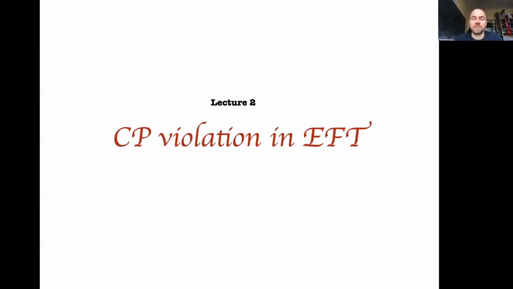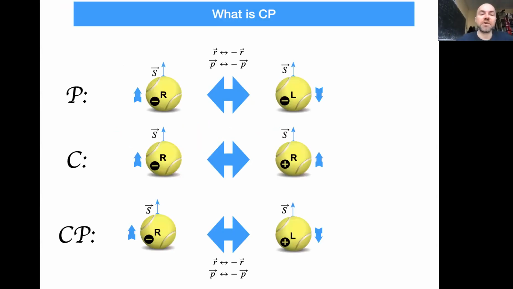So this is the lecture. Let me start, just like everyone, with a short reminder. What is CP violation? These particles are little tennis balls, and they have spin. We have the discrete parity operation, which changes the coordinates and momenta to minus themselves.